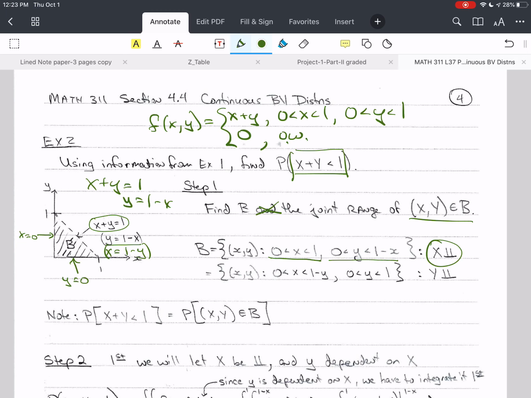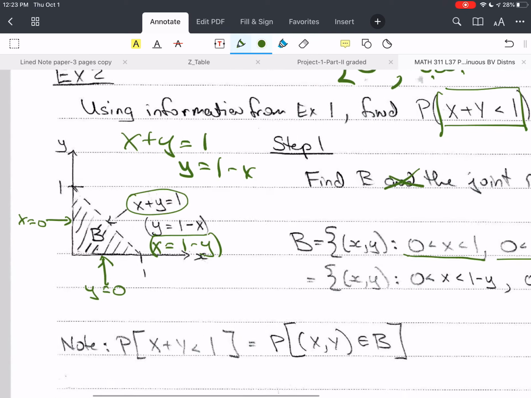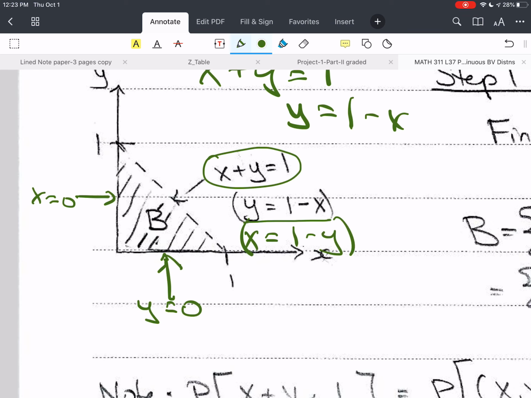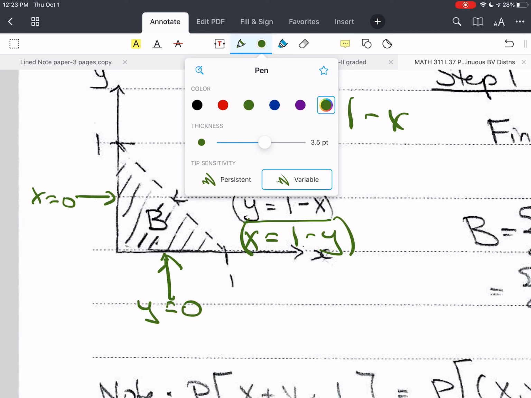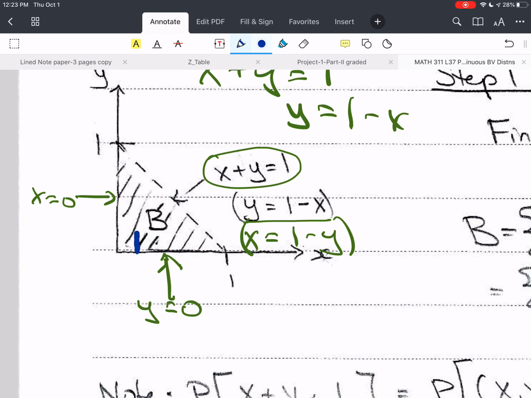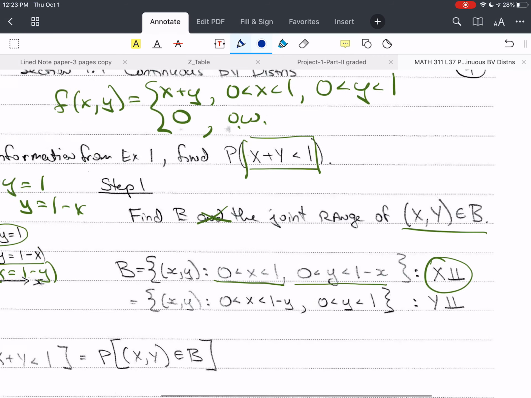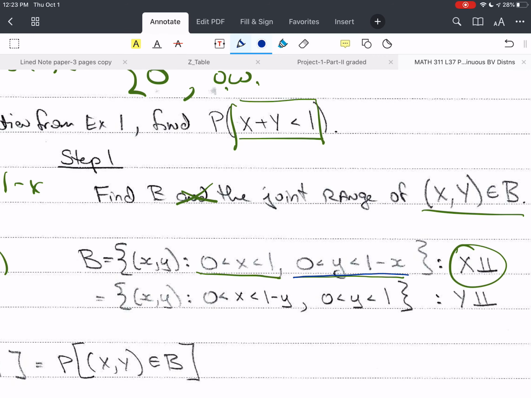So if I'm looking at y here, I'm going to blow up the picture so we can see it. If I'm looking in the direction of y, then I'm going to, let's use blue, integrate straight up. I'm going to integrate from y equals 0 to y equals 1 minus x. So y is going to be between 0 and 1 minus x. And that is what I have put here for my range of y.